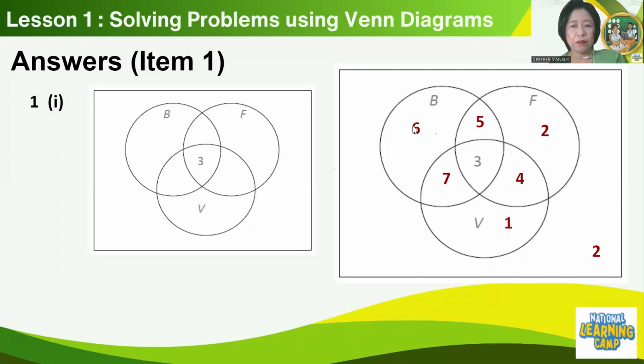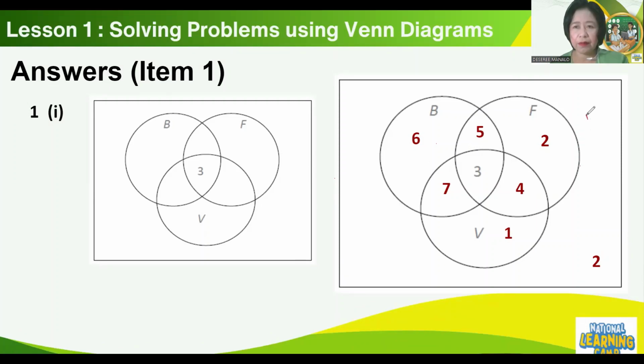Okay. So why 6? How did we get 6? 5, 2, 3, 7, 4, 1, and then 2. 5 plus 2 is 7, plus 3 is 10, plus 7 is 17, plus 4 is 21, plus 1 is 22, plus 2 is 24.